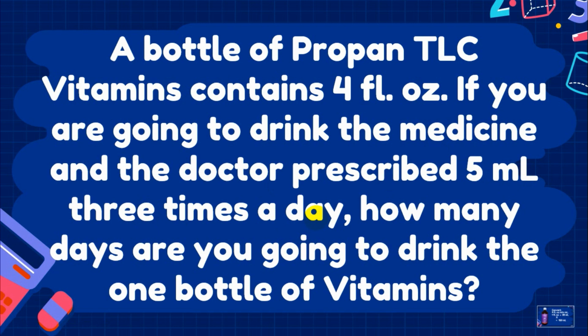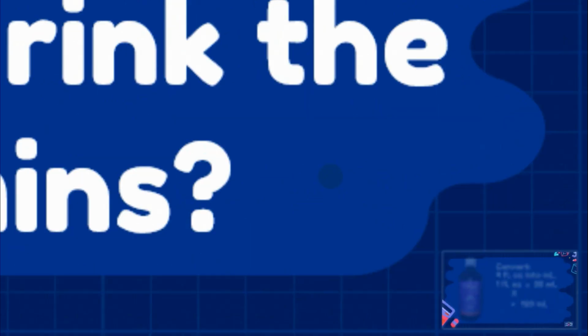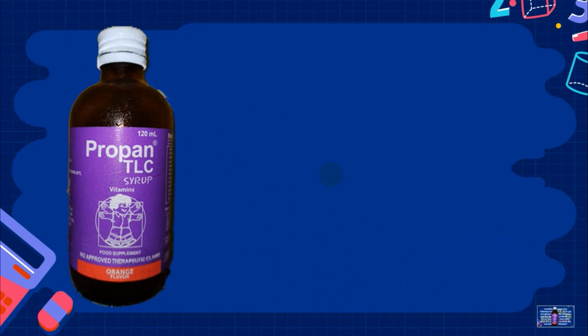Tama? Sa isang araw? Tama ba? Okay, tama. Now, kung 15 ml ang iinumin mo sa isang araw, ilang araw mo mauubos ang vitamins na yon? Okay? So, let's see. Yan yung mga given natin. Okay? Then, let's have the following.